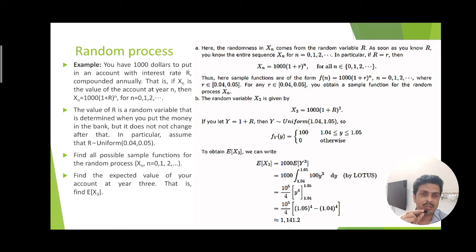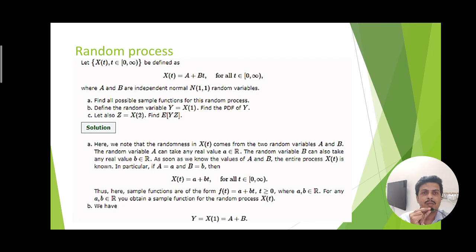To obtain the expectation of x3, that means the expected value of your bank account at the end of year 3, it is nothing but 1000 times the expectation of y cubed, and the numerical value has been derived as 1141.2. Some other examples are also carried out. If we go through these examples, you will understand that statistical parameters are very beneficial for such forecasts.